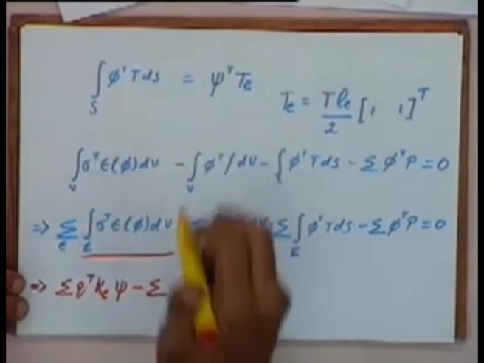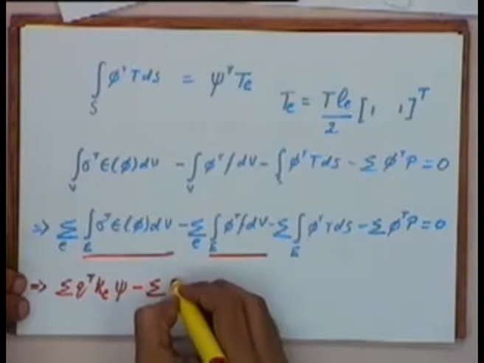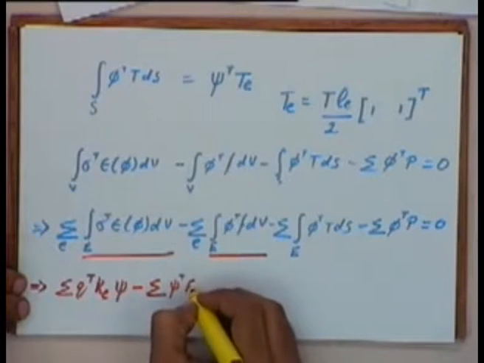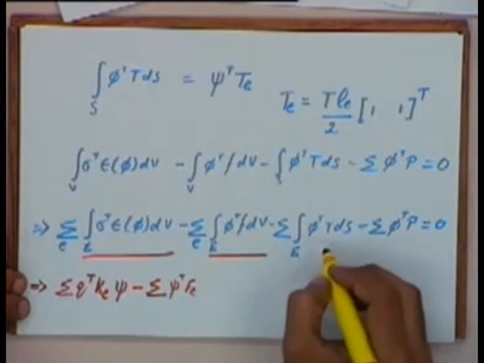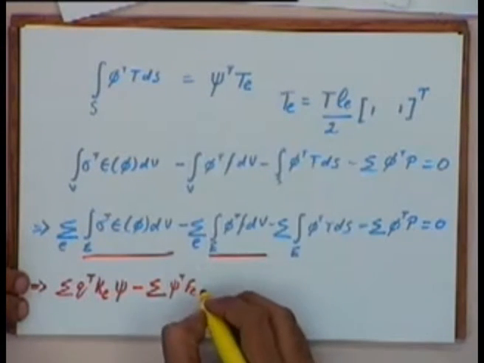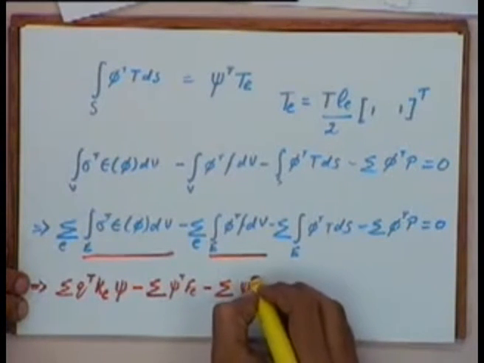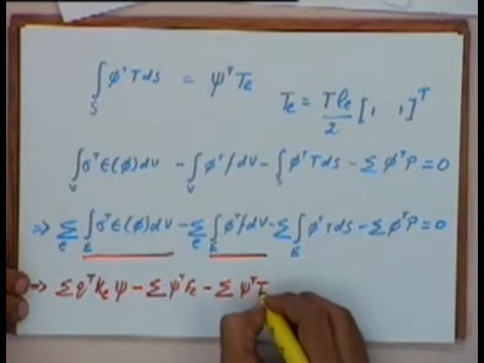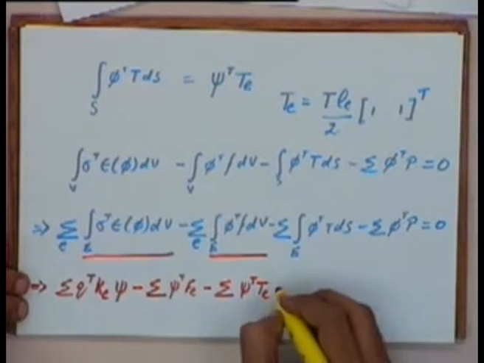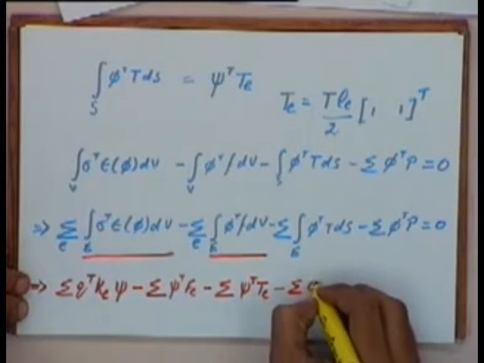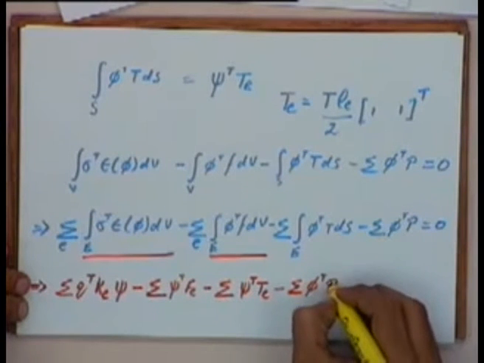So it is a minus summation of psi transpose Fe. This term is what we have just mentioned over here, minus summation of psi transpose times Te, minus summation of phi transpose times P equal to 0.